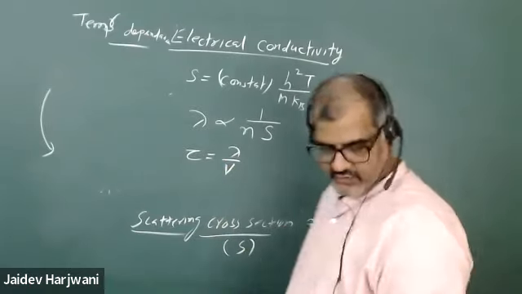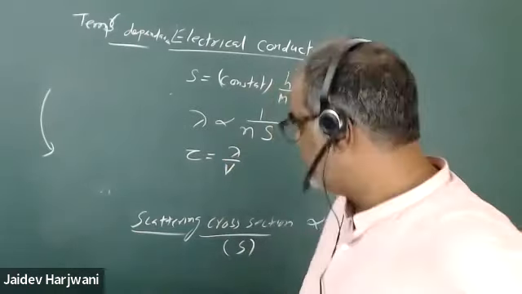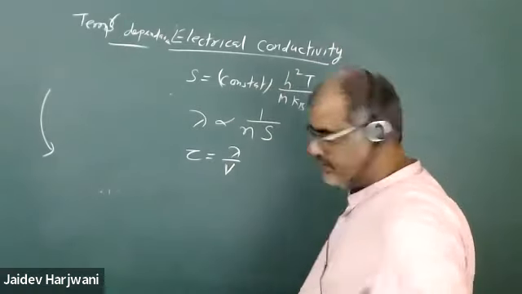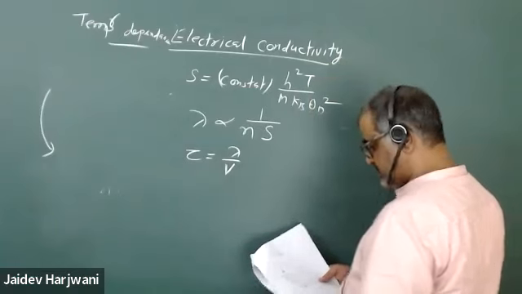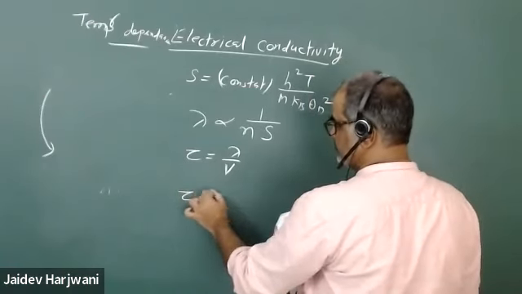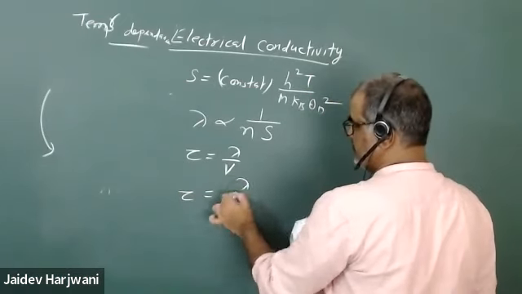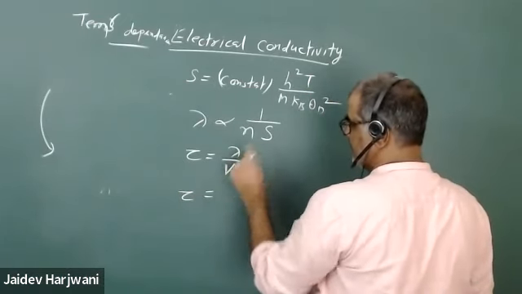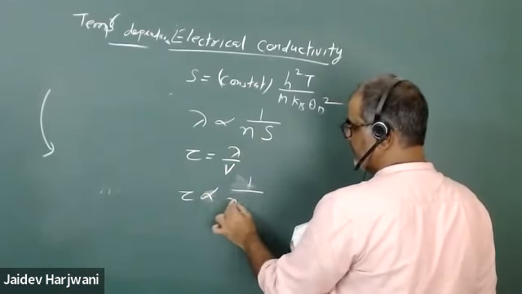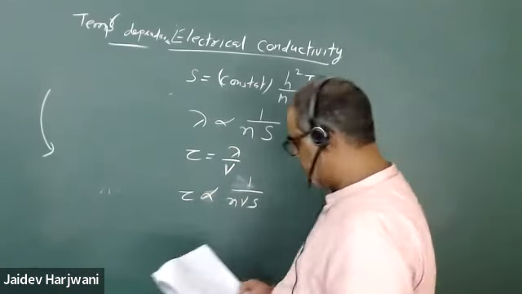So now I want my tau. I can write tau is equal to lambda upon v, and lambda is proportional to 1 upon n s.